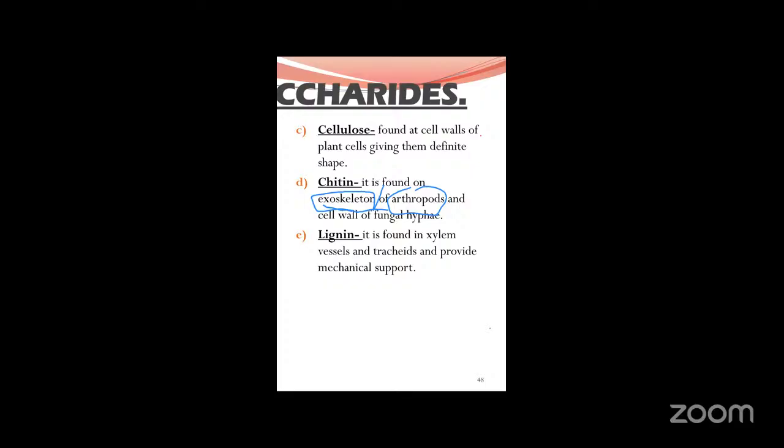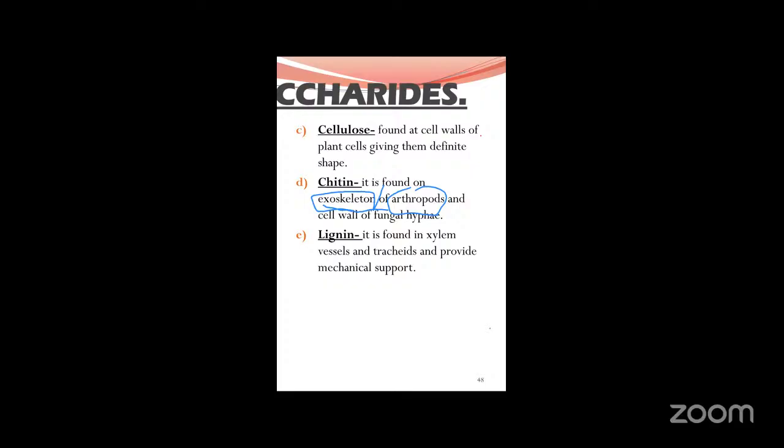Unlike us, our body is not segmented. So if you want to know an arthropod, you look at the abdomen and see if it is divided into very many parts. Those are what we call segments, and segments indicate that an organism is an arthropod.